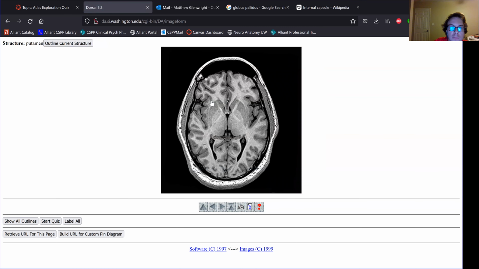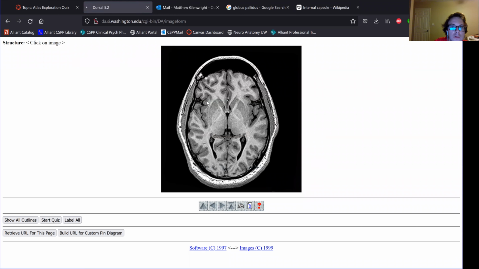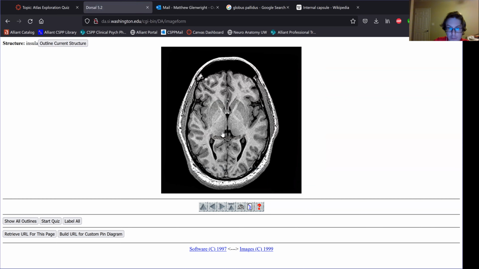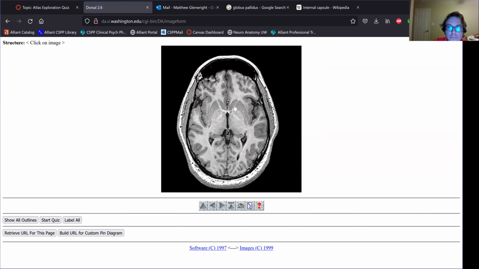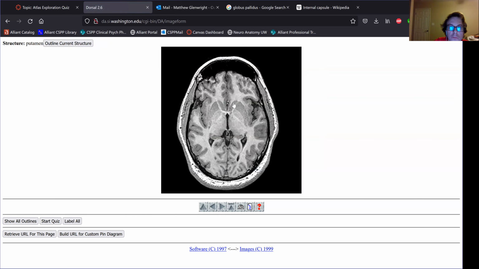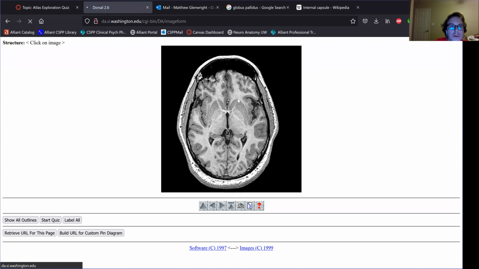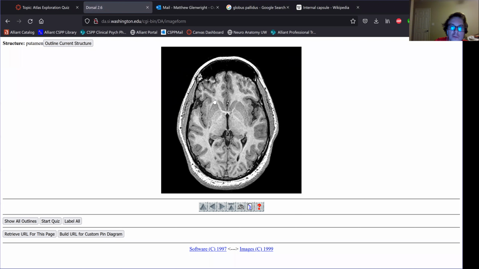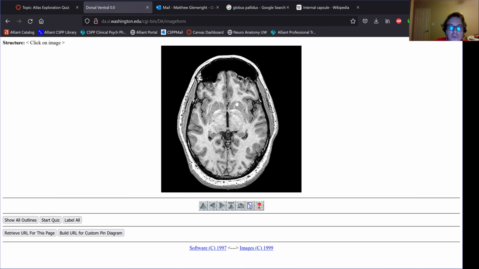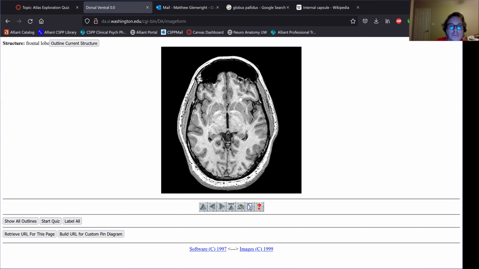Here's our putamen again, and the caudate, which you can see a little more clearly there. The nucleus accumbens is more difficult to find because it's quite small, but it's very important. It's one of the main components of our reward circuit.